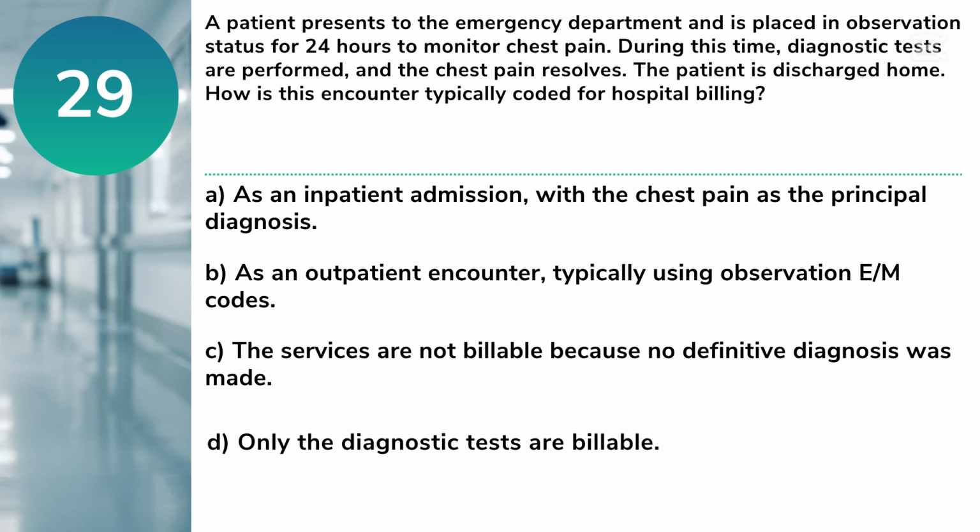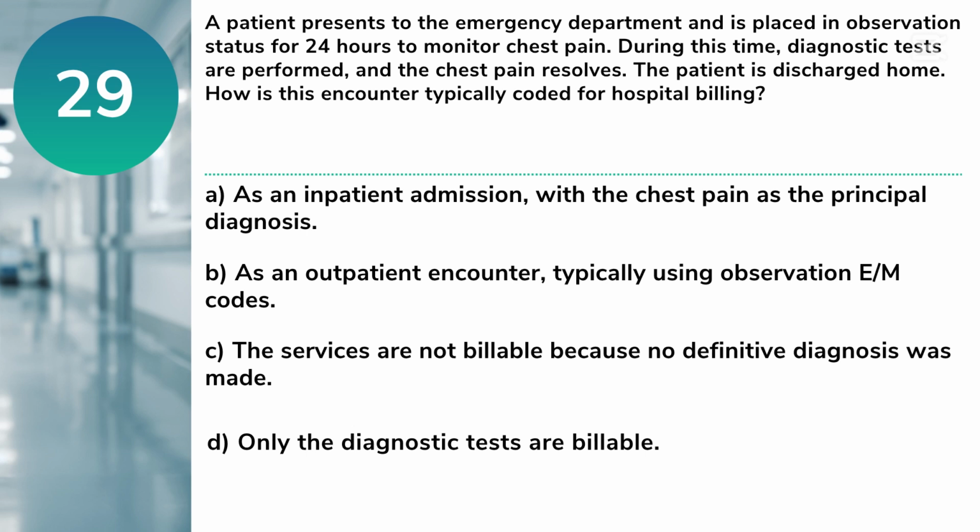Question 29. A patient presents to the emergency department and is placed in observation status for 24 hours to monitor chest pain. During this time, diagnostic tests are performed, and the chest pain resolves. The patient is discharged home. How is this encounter typically coded for hospital billing? A. As an inpatient admission, with the chest pain as the principal diagnosis.